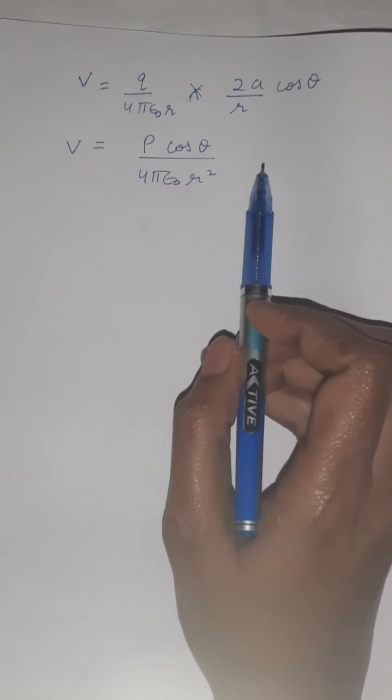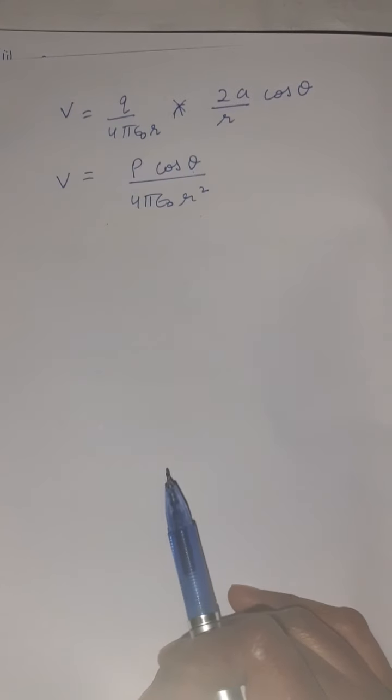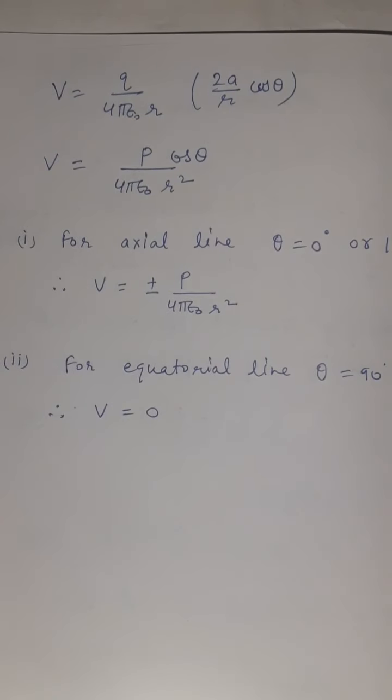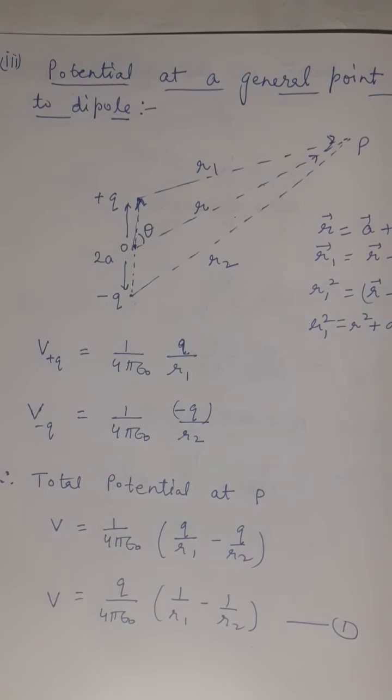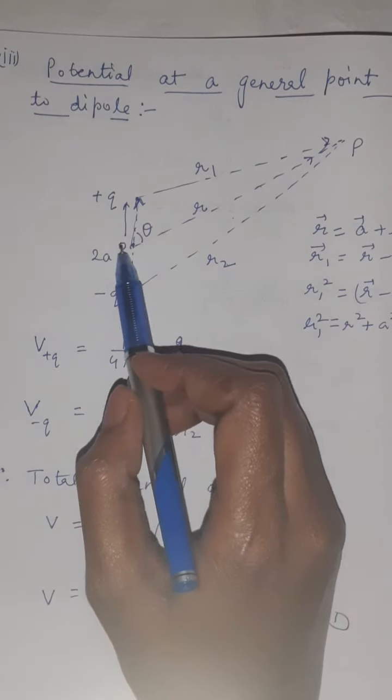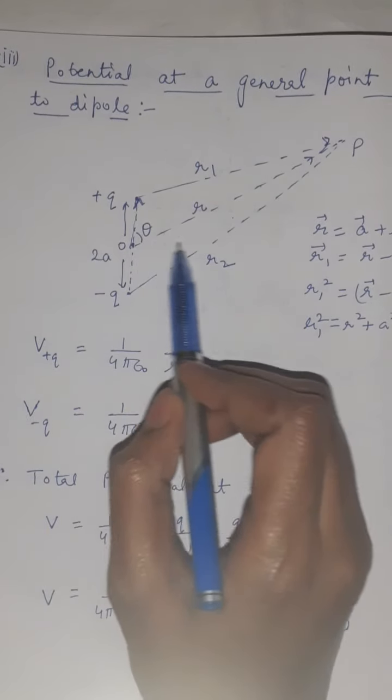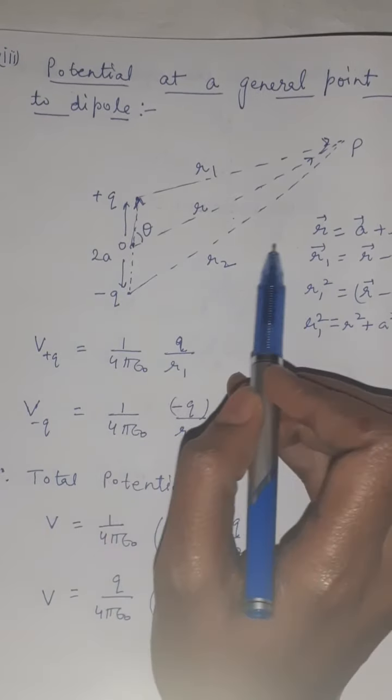And if we take theta as 90 degrees, then this observation point will be on its equatorial line.